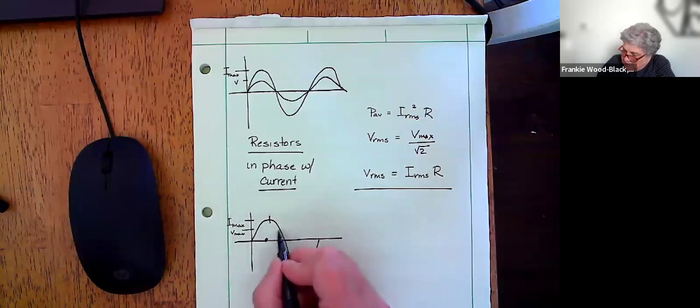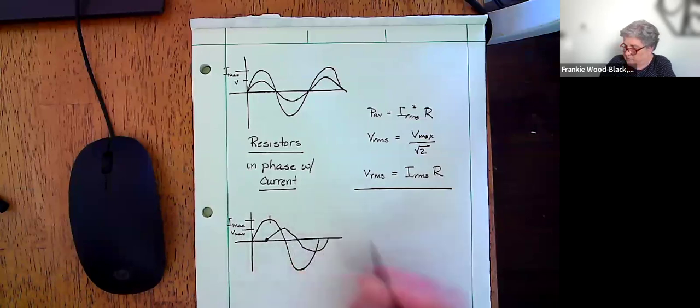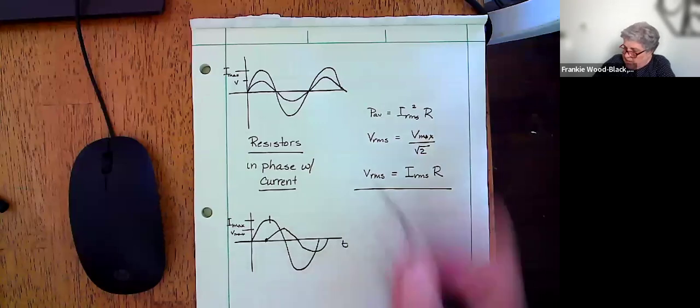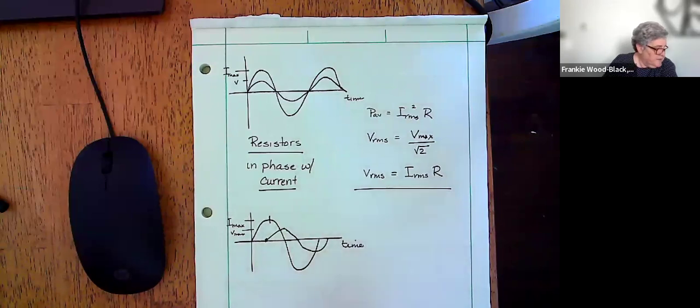It's going to be maximum when I get to my node. And it's going to be minimum here again. And it's going to come out maximum here again. So this is by time. So you can see this. This is time.